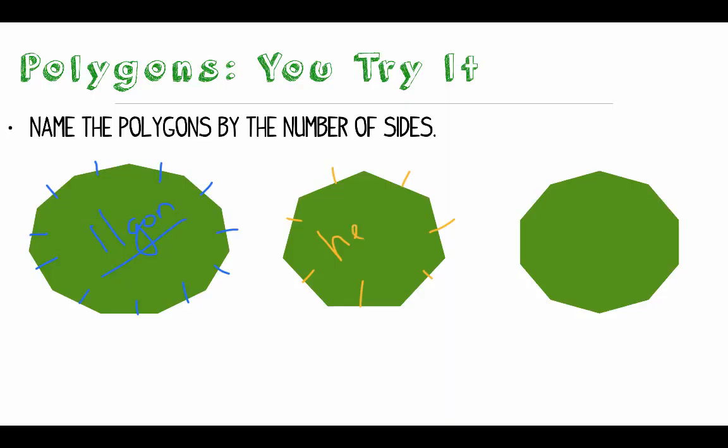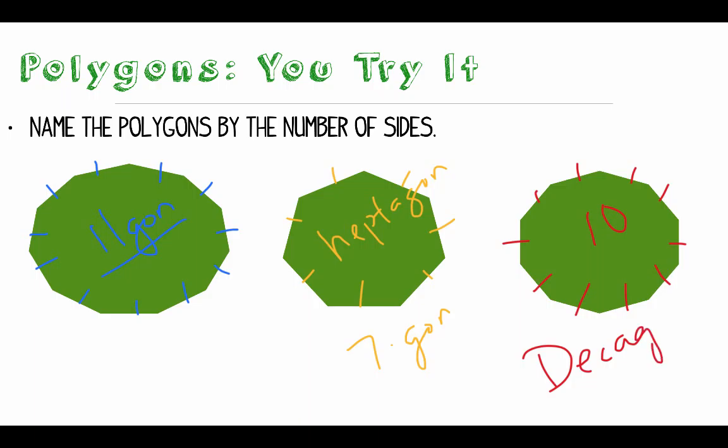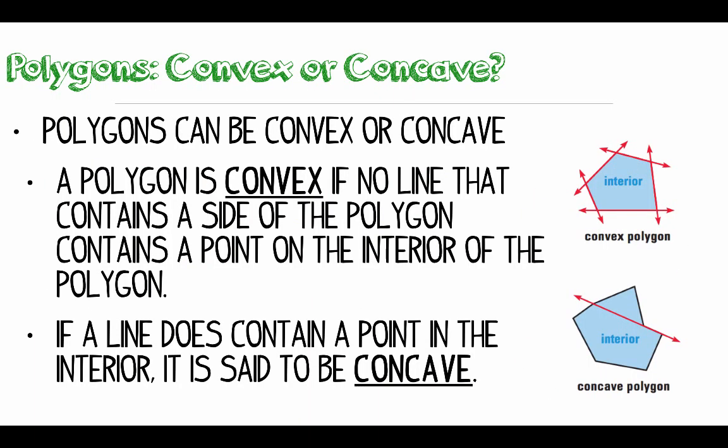So this becomes known as a heptagon, or a 7-gon in some math books, but we'll call it a heptagon because that's the one that we identify with. Last but not least, we have this one, which has 1, 2, 3, 4, 5, 6, 7, 8, 9, 10. That's a 10-sided figure, so that's known as a decagon. And that's how you would go through and identify these last couple.